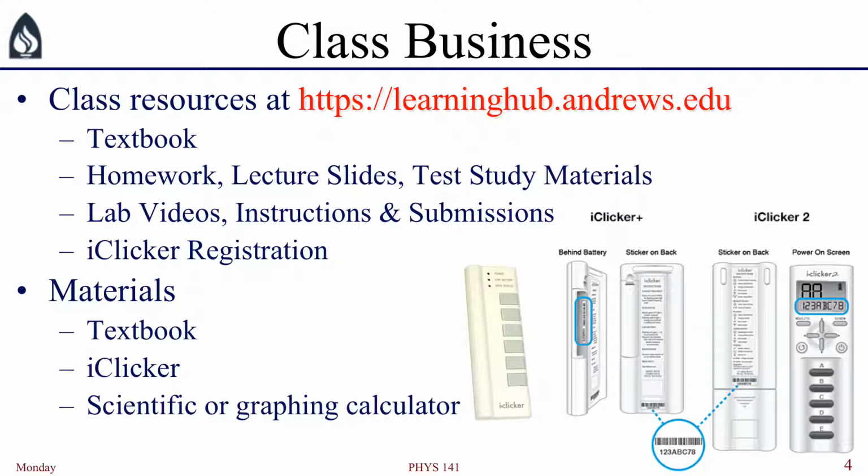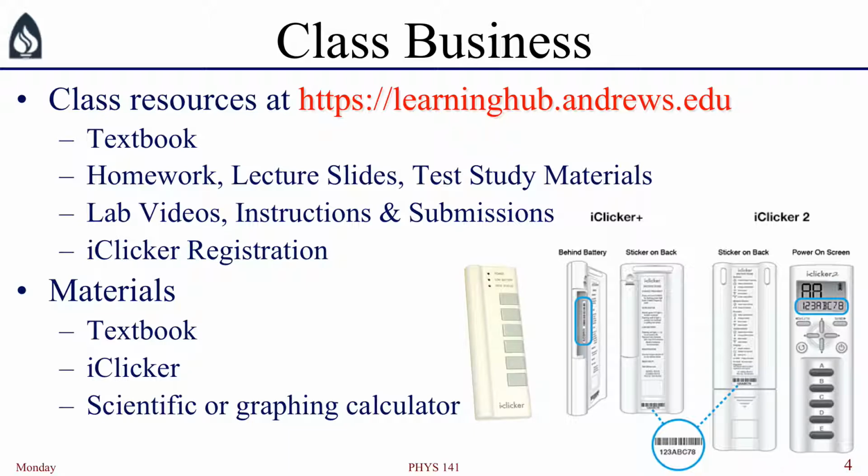Learning Hub is also the place where the homework is posted and submitted. It's where lecture slides and study materials are located, and all of the lab information is located there as well. So there are lab instructional videos, instructions, and the location where you submit your labs.